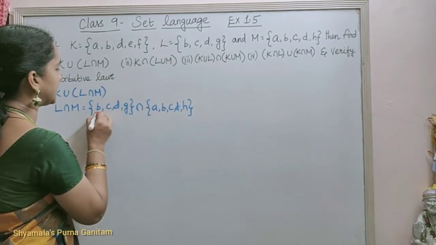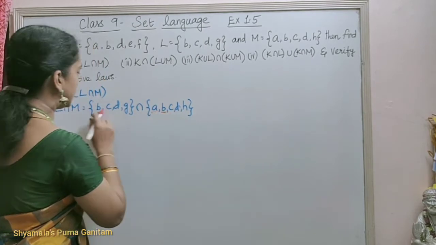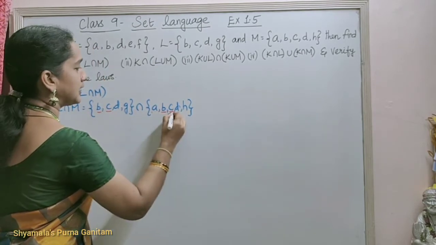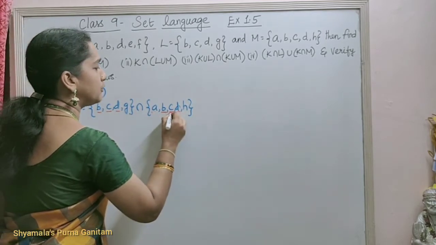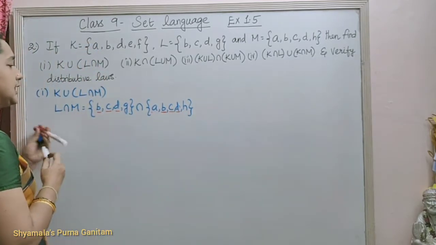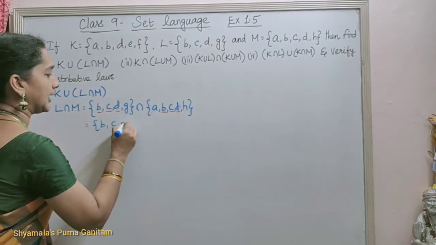So the common elements between both the sets are B, C, D. These 3 elements are common to both the sets. So L intersection M is B, C and D.